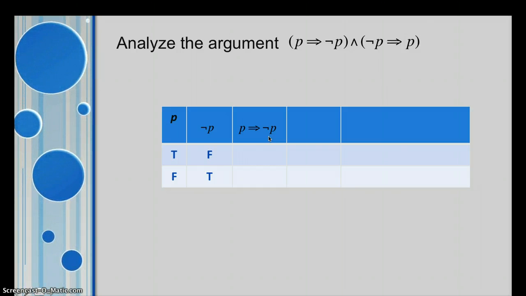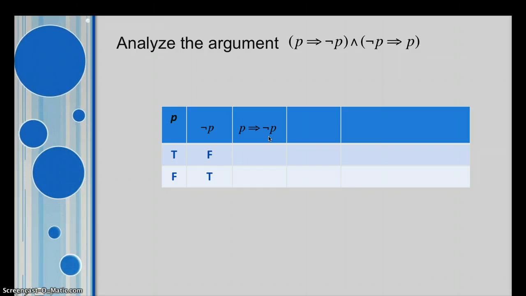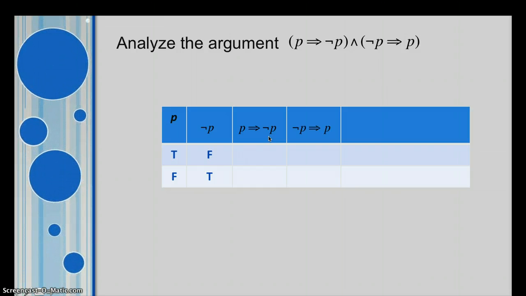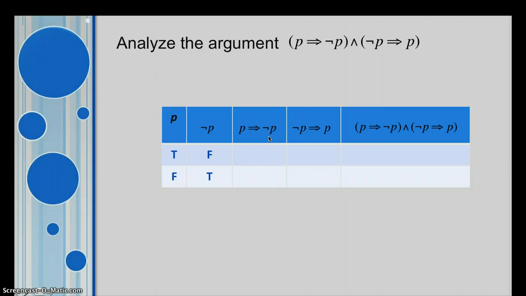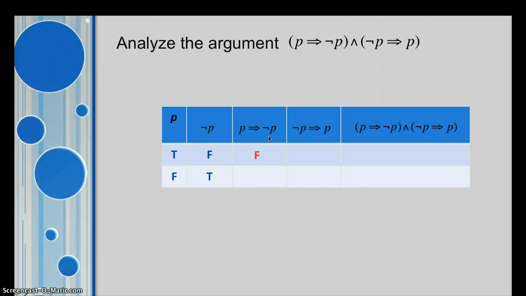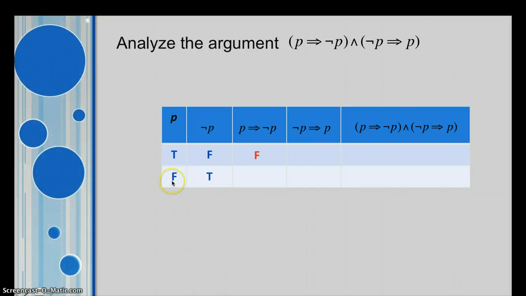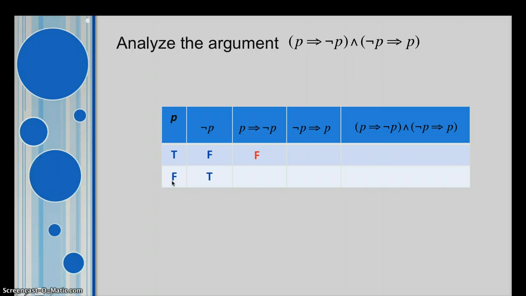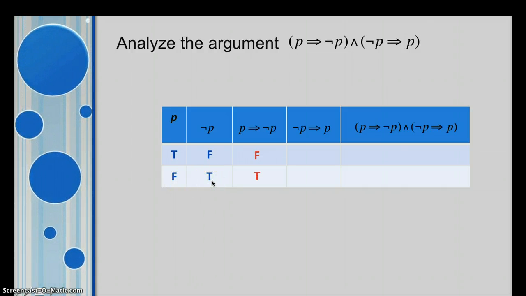When the first one is true followed by false, you will have false. This is the only time it's going to be false, because if the first one is false followed by a true, then it's true.